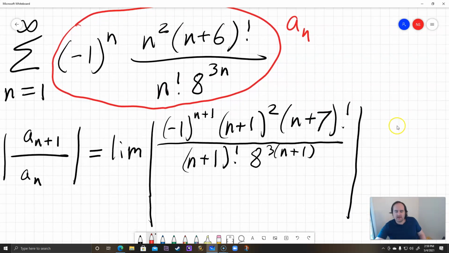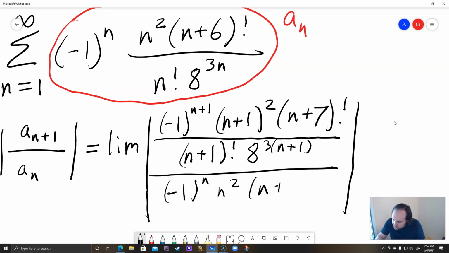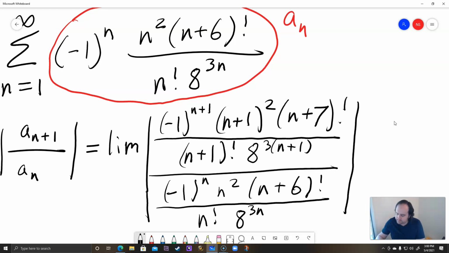So we're going to be dividing by that. So our denominator is going to be -1 to the n times n squared times (n plus 6) factorial all over n factorial times 8 to the 3n.